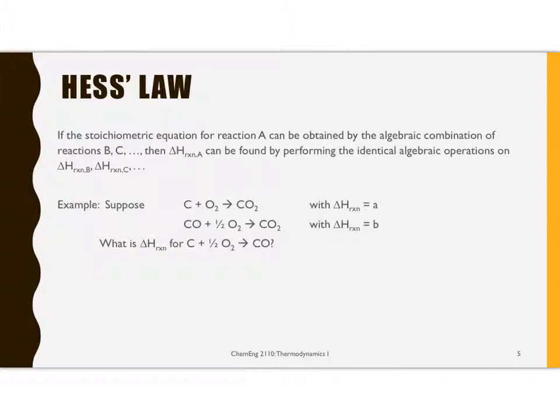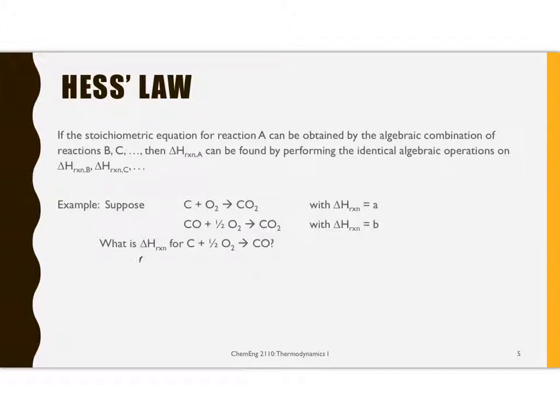So for instance, if you have a reaction carbon plus oxygen makes CO2 that has heat of reaction number A, and carbon monoxide plus half of an oxygen molecule makes CO2 with heat of reaction quantity B, I can use these to figure out the heat of reaction for how carbon and oxygen react to form carbon monoxide.